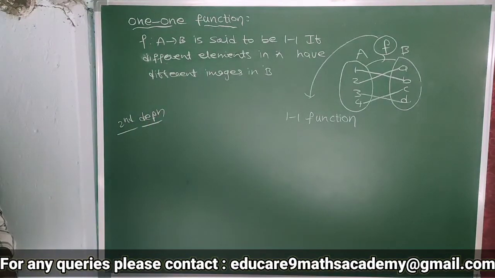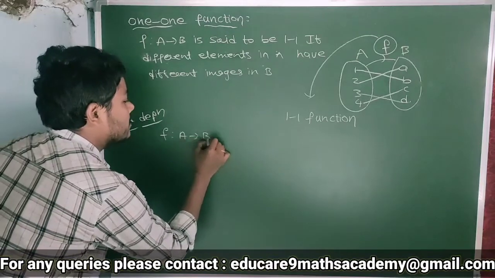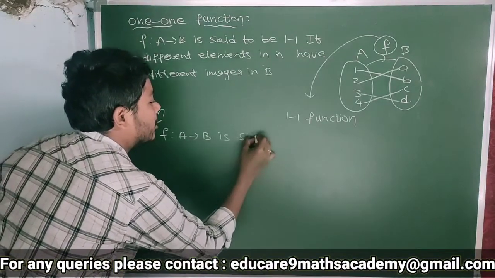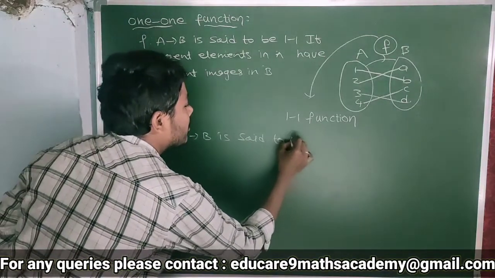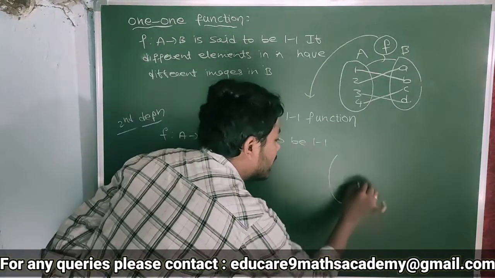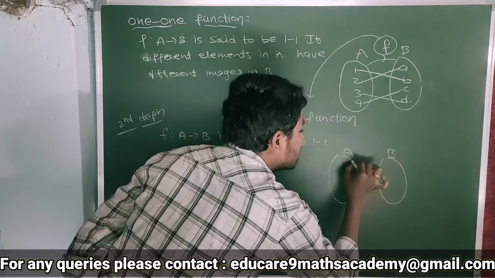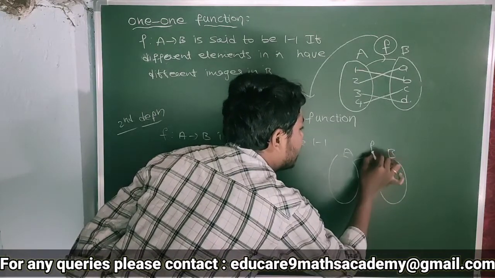Here f from A to B is said to be 1-1. See here, A and B are two non-empty sets, so there exists a relation f between the two sets.